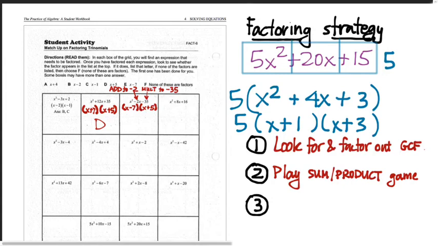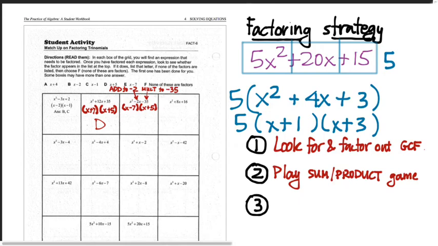And looking back in the list of possible factors, none of the possible factors from our list are actually represented here. We have plus 1, plus 3, and so none of the above was the correctly written answer from up there. But the point of this example was that bringing that greatest common factor out first should be a first order consideration. Any factoring problem that you attack, the first question to ask is not to be thinking about sums and products, but first to look for greatest common factors.